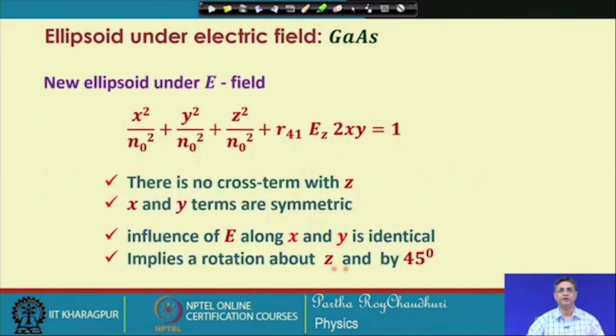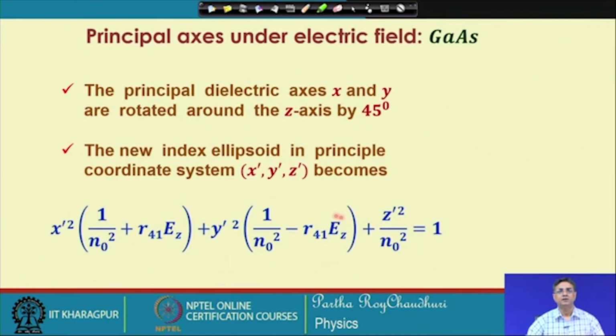So, the new ellipsoid, that is what I just mentioned, requires a rotation by 45 degree about the z axis, and the influence of E along x and y is identical. Okay.